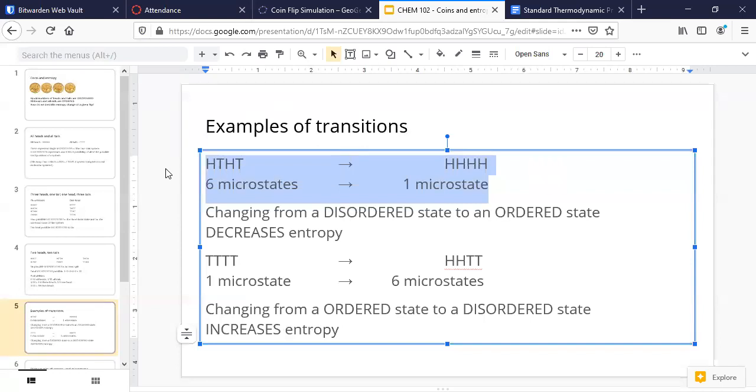Not terribly often. And a transition that takes me from a state where I have a maximum of microstates possible to a state where I only have the one microstate possible is a transition from a disordered state to an ordered state. It's a transition that decreases entropy.